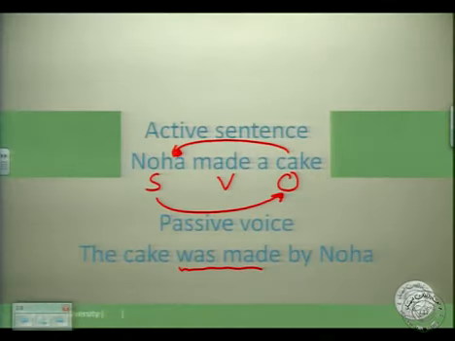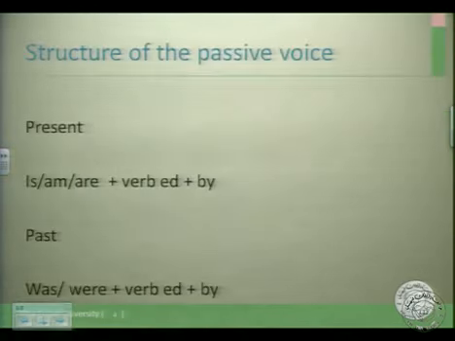So simply, this is the difference between active and passive sentences. We change the places of subject and object, and we have a sentence. So in the present, we have is, am, are.